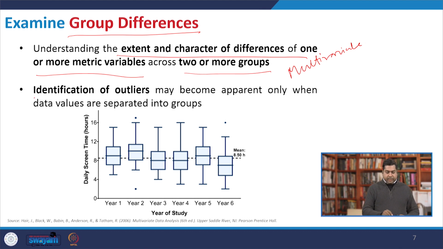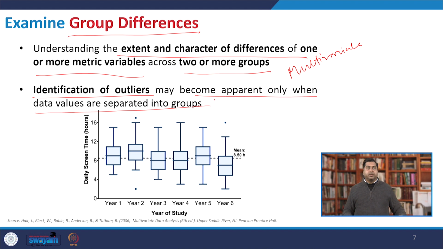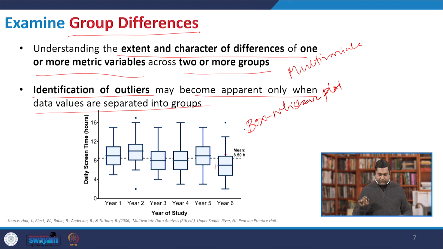Identification of outliers may become apparent only when data values are separated into groups. This is very important. This is also referred to as a box and whisker plot. So this is the box and then you have this whisker.